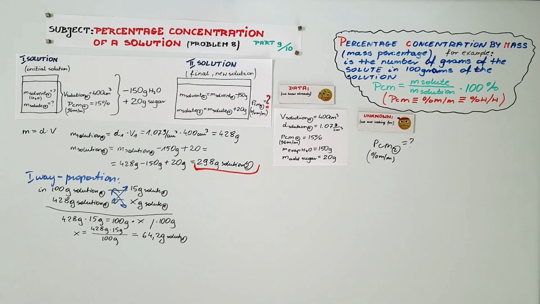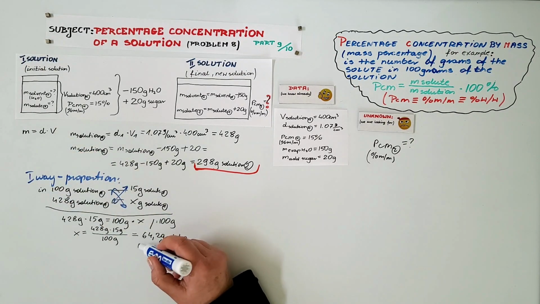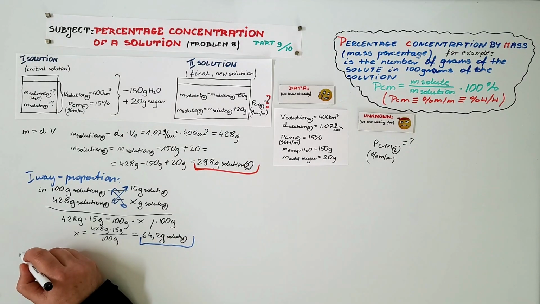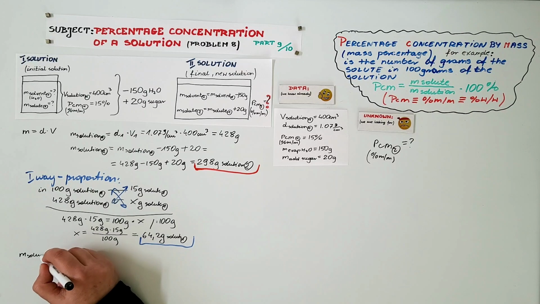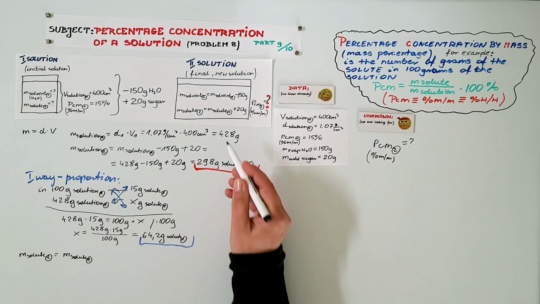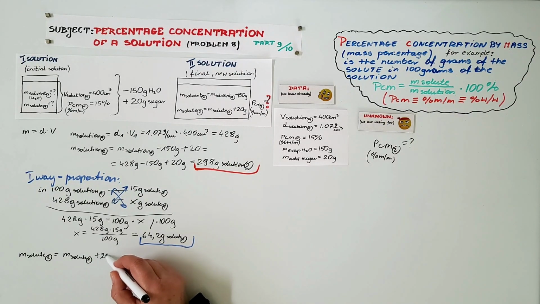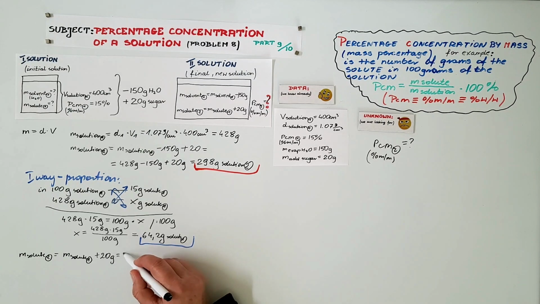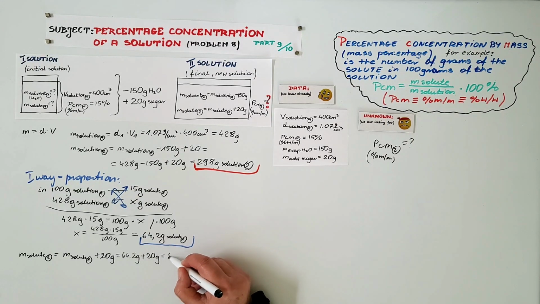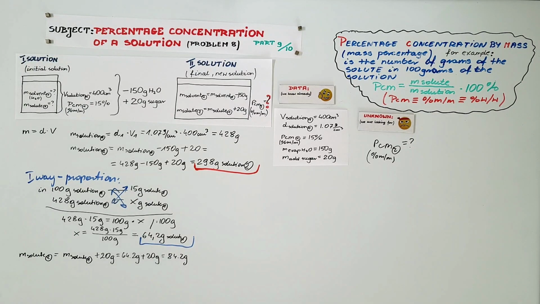Now we know mass of solute 1. So mass of solute 2 equals mass of solute 1 plus 20 grams because we add the sugar, equals 64.2 grams plus 20 grams equals 84.2 grams of solute 2.